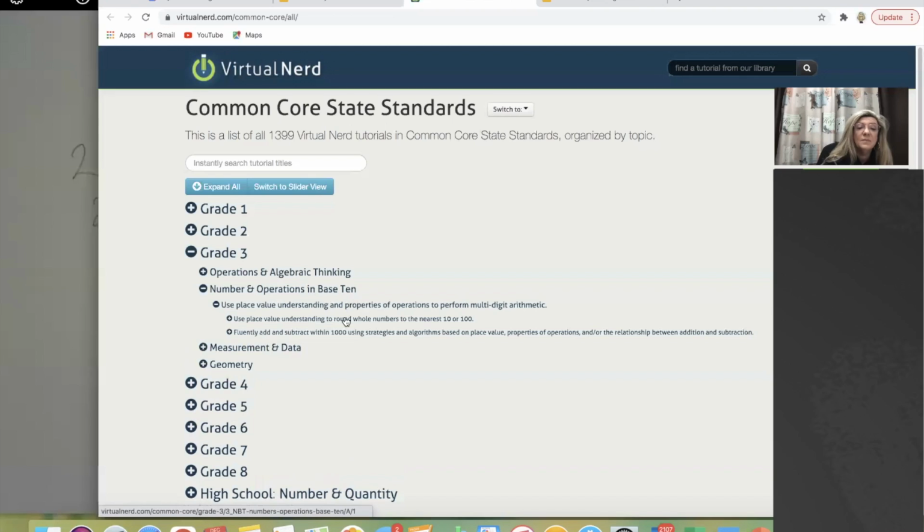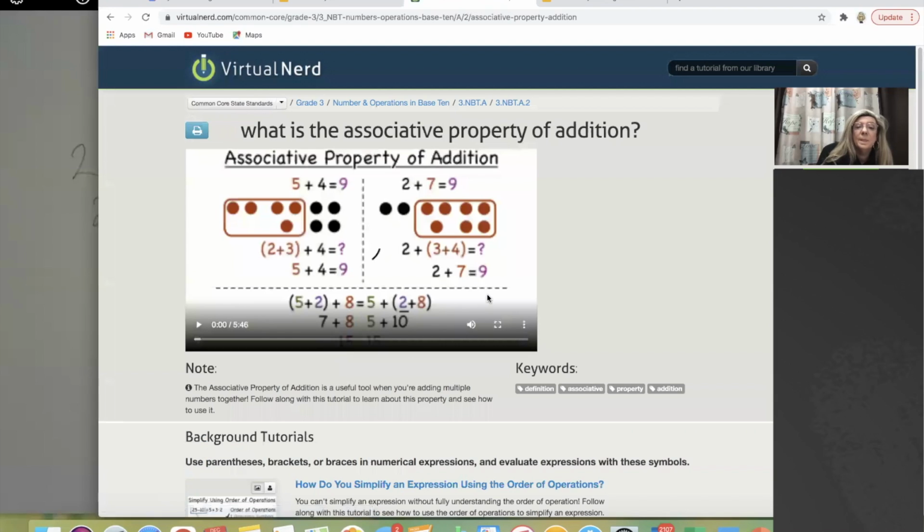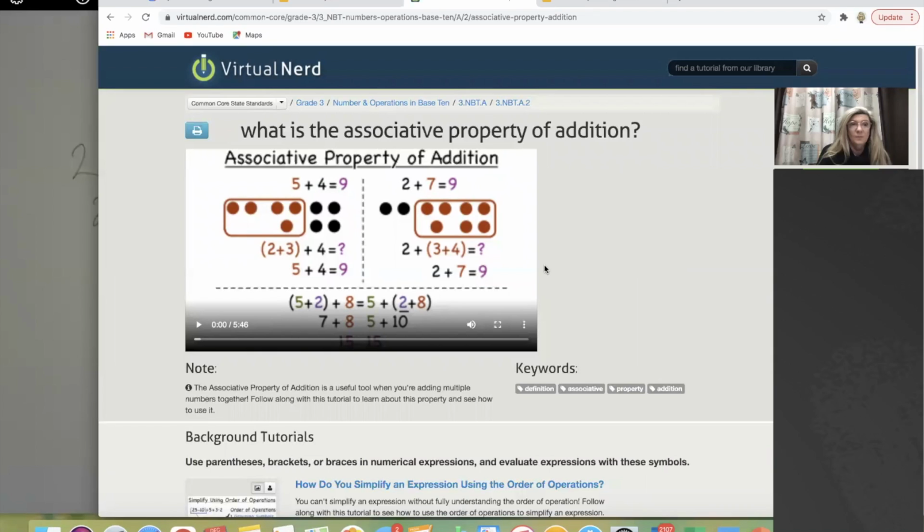It breaks it on down for us, and then there are some little videos to explain it a little bit for us. So this is the one with the associative property. I thought this was a really nice site for us. I really like the way that it was by grade level, so it makes it easy to search for those standards, in my opinion.